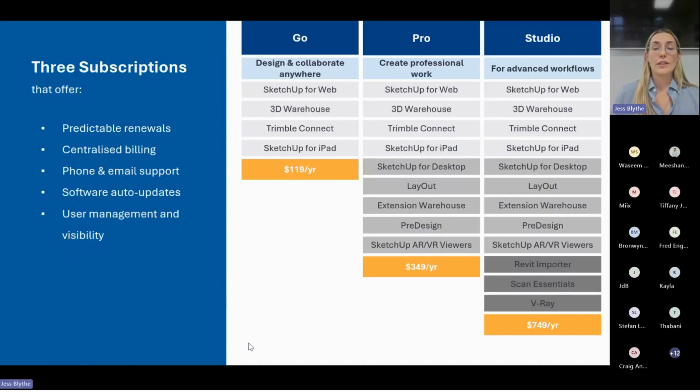So in terms of the commercial offerings that are currently available, I'm not going to go into these in too much depth, but the current packages are SketchUp Go, very much tailored to design and collaborate anywhere. It is the entry-level SketchUp subscription.